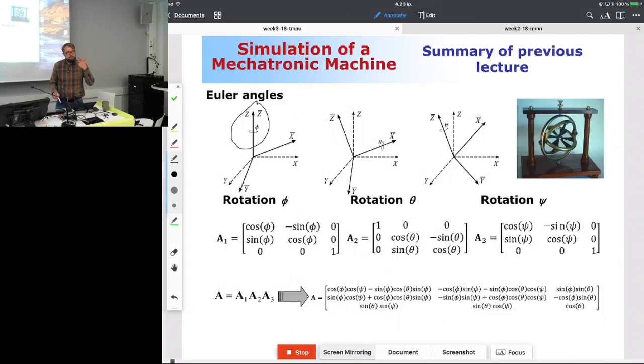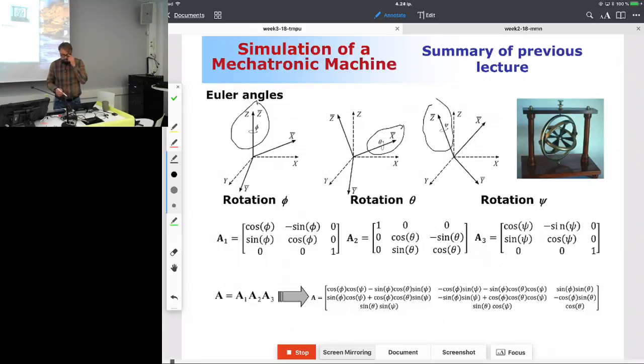And then we have the original coordinate system and the once-rotated coordinate system. The second rotation takes place around the once-rotated x-axis. And then the final rotation takes place around the twice-rotated z-axis. We can describe each of these three rotations using a 3x3 rotation matrix, and those matrices are closely related to the rotation matrices we use in 2-dimensional space.